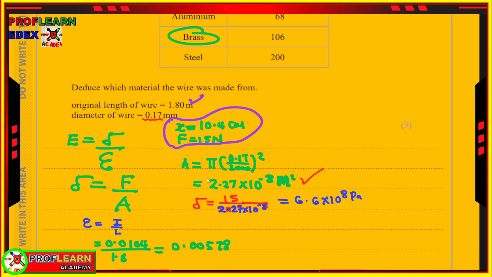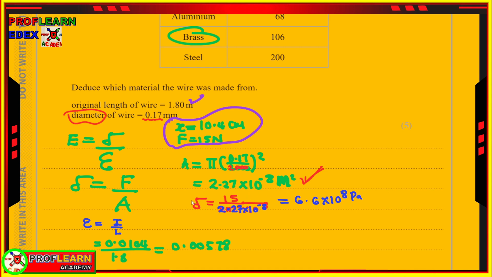Whenever you're working out that area, remember that you have to convert millimeters to meters by dividing by 1,000. Then you also have to divide by 2 so that it's the radius, because it was given as diameter, and that's why you see I divided by 2,000. I multiplied 2 times 1,000 and worked out the area.